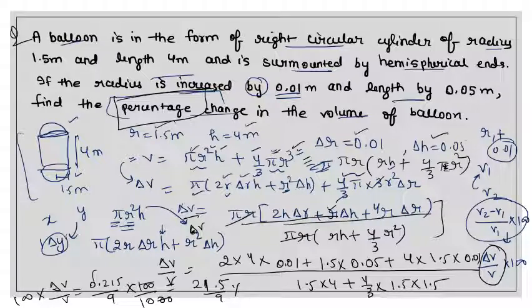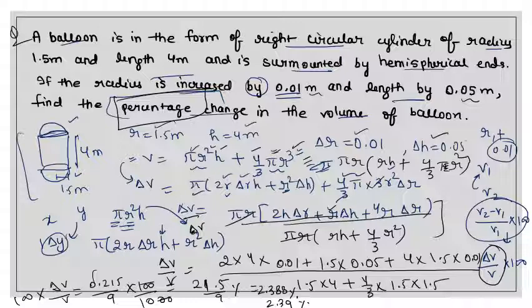That means you can say 2.388%, and because all the digits are up to two decimal places, you can put it here as 2.39%. So this is how you can solve this question, okay?